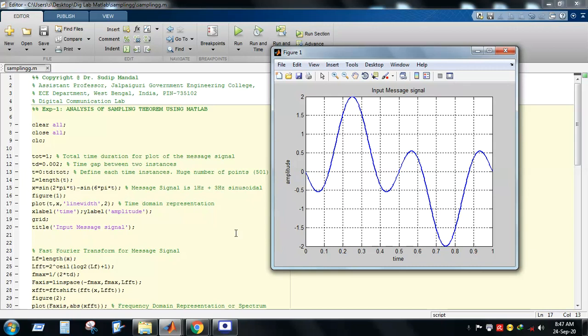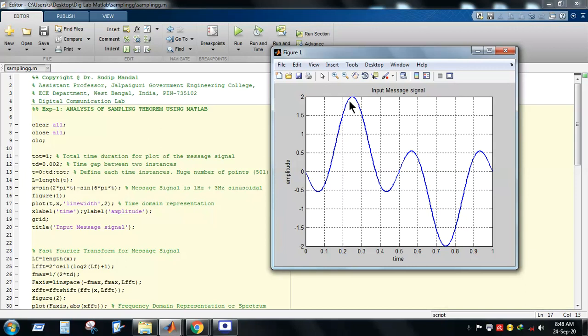Okay, now we have to check the corresponding spectrum of this input message signal. To observe the spectrum of the message signal, we need to perform the Fourier transform, as we already know. But in case of MATLAB, we should use the fast Fourier transform. Although this looks like a continuous signal, in MATLAB we are calculating the value of the message signal at each time instance, but the time instances are very close to each other.